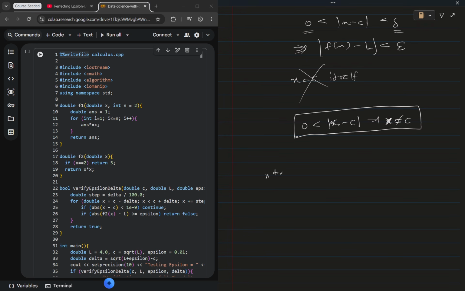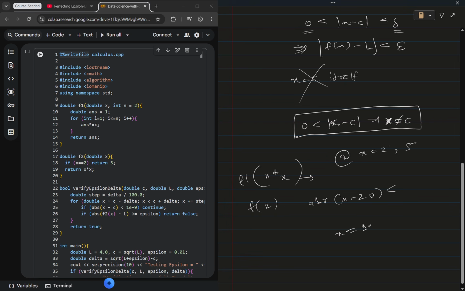So basically x times x, for a square function, you have this f1. Let's say for f2 you have absolute of x minus something. I'm changing the equation: at x equals 2 you were supposed to have 5, but let's say at x equals 1.999999 and so on, after 12 decimal places you can just have a 0 or 8, whatever you want.